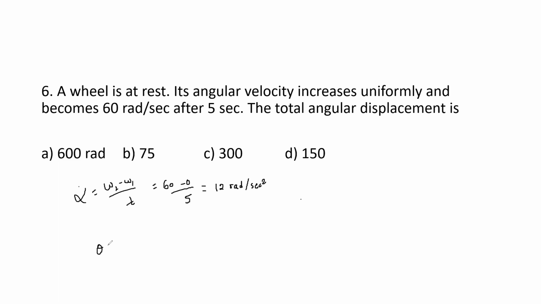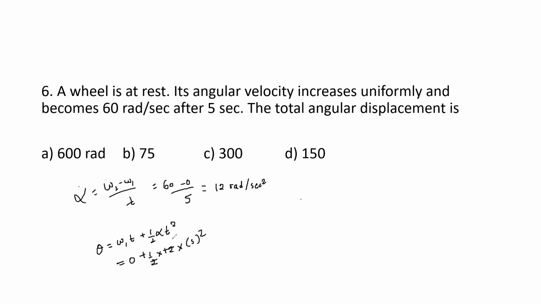So we have the equation theta is equal to omega 1 into t plus half alpha t square. Here the wheel is at rest, therefore this omega 1 value becomes 0. Therefore, omega 1 into t is 0 plus 1 by 2 alpha, which is 12, into t square, which is 5 whole square.